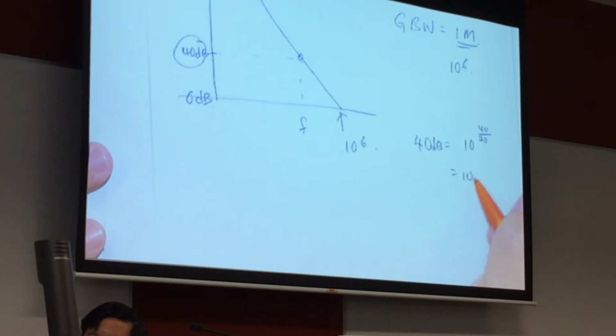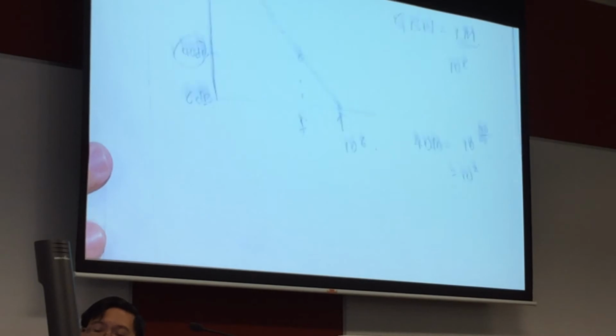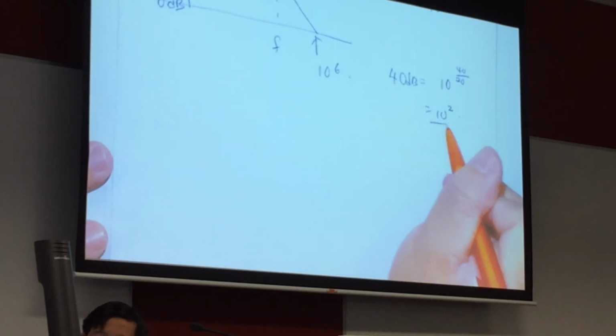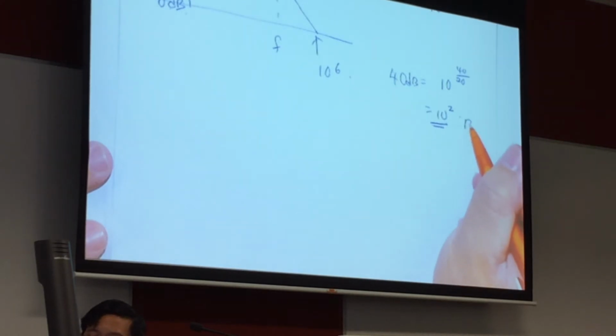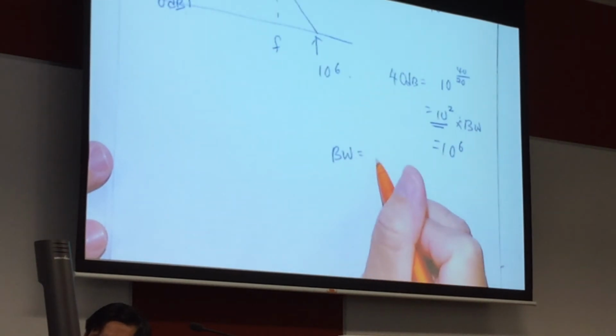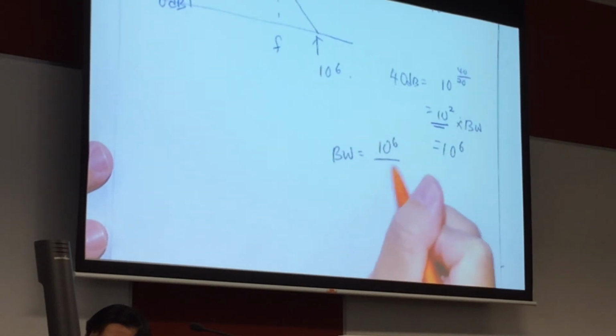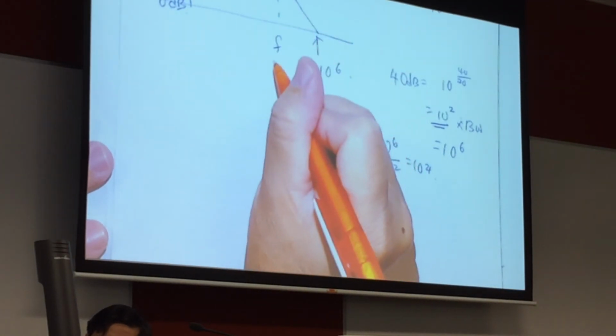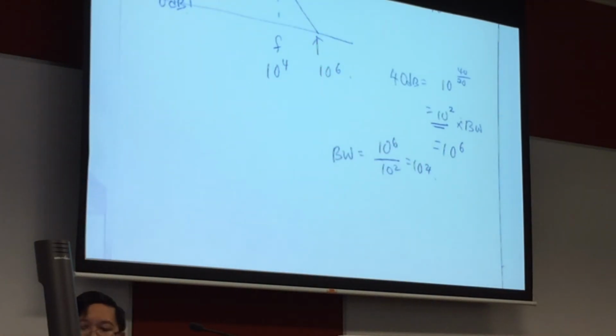That will be 10 to the power 2. Agree? Now the definition of gain bandwidth product is this is your gain already, right? So what is the bandwidth? It will be 10 to the power 6 divided by 10 to the power 2. That will give you 10 to the power 4. So this point will be 10 to the power 4. Is that clear?